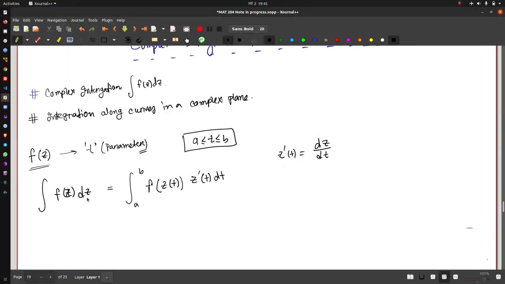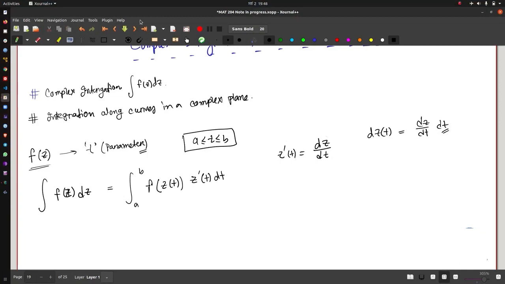You just use the chain rule. You just take this dz, that means dz of t, that means we have z of t, and then we want to take the differential, then this will be just dz/dt dt. That's it. Simple. So this is one way to do it.